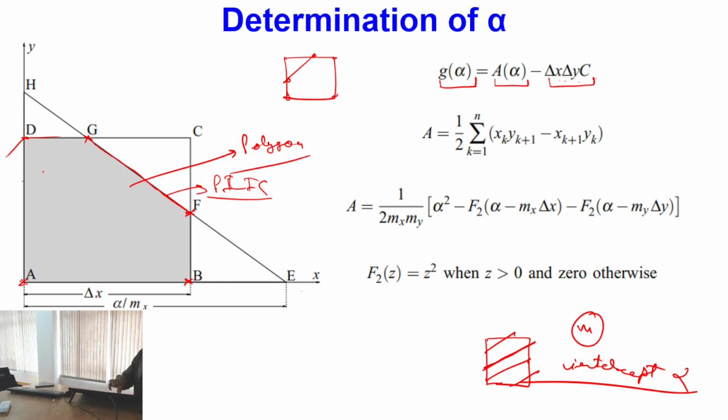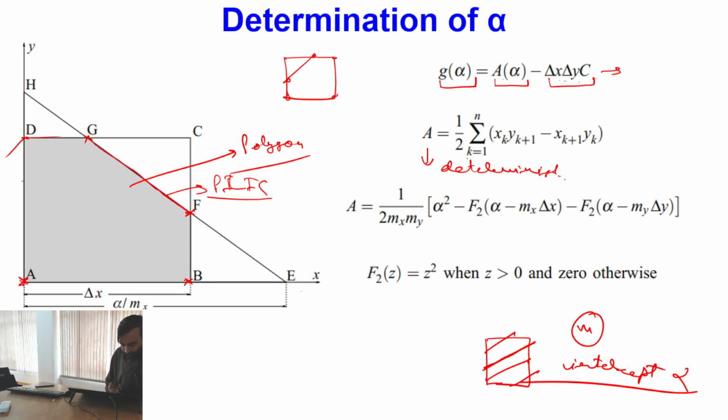Delta x and delta y are the two sides of the cell, and into c is the actual area of the reference phase, and A of alpha is the area of the reference phase which we get after placing this line in our two-dimensional cell. So this error we need to minimize. Ultimately we need to calculate A of alpha, and for calculating A of alpha there are two methods. This is the first method, which is a deterministic method. So in the deterministic method, what is done?